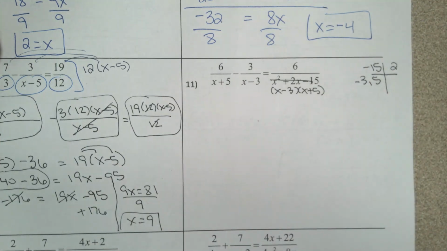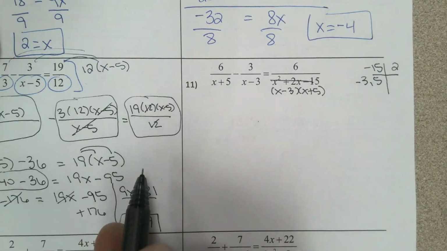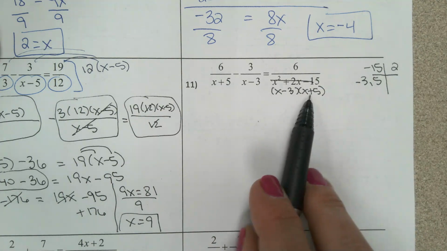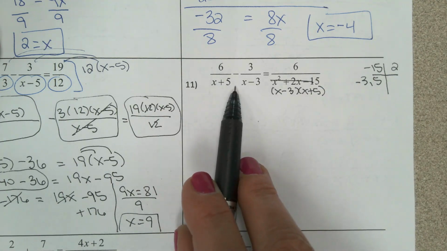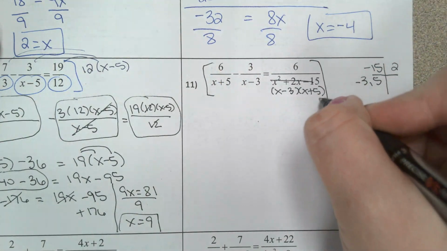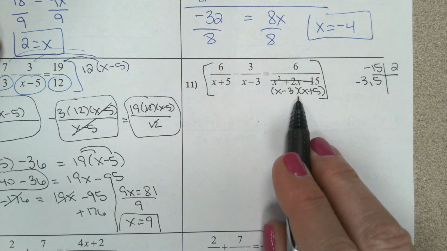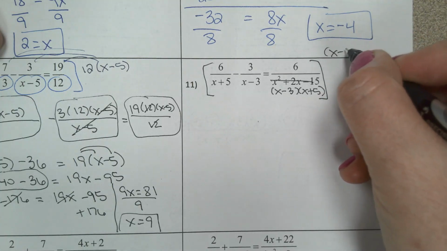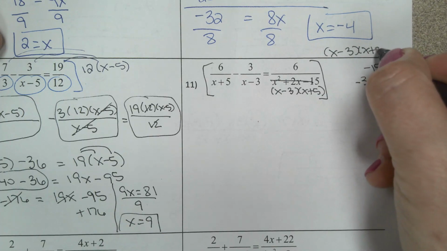You should be aware that the trend that seems to be happening is the one that you have to factor is usually made up of the other two. So that would be my common denominator if I had to get one. So that's what I'm going to multiply by: (x minus 3)(x plus 5).